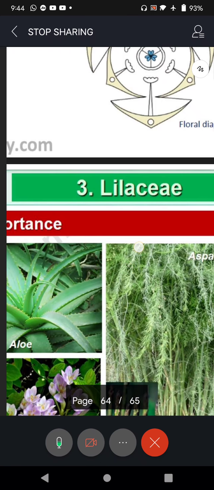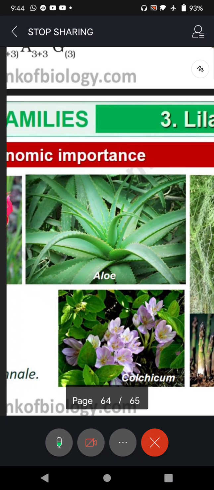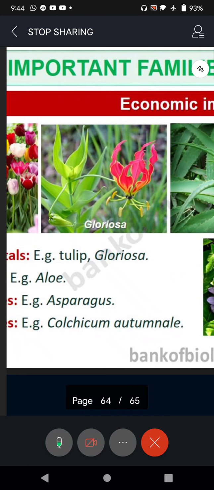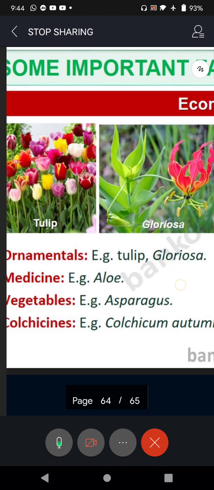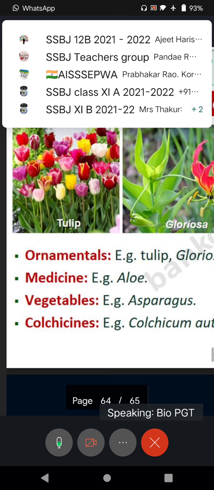And how to remember this? Every day you see aloe vera in your home. Gloriosa. Yes. And very famous, all of us are very much interested in the tulip garden, tulip plants. So you must remember the Liliaceae family as the tulip family.